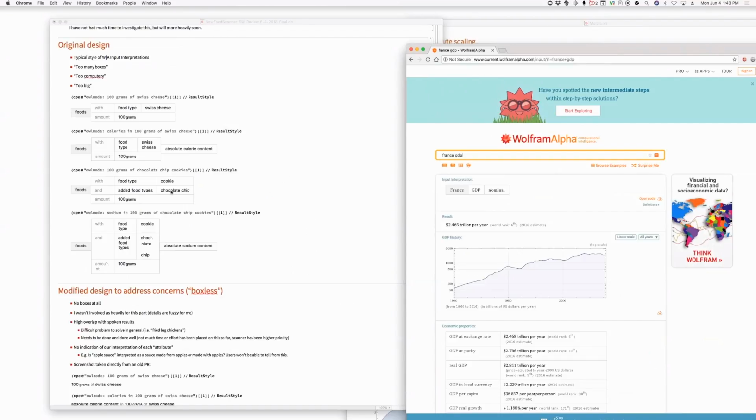What were you saying about the... Yeah, I was saying the cookie and the chocolate chip are very important. Okay, so food type and added food types, in my opinion, are not so important. Oh, the actual labeling. Yeah, right. That the cookie is a food type is a technicality of how we describe the world. Yes, I understand.